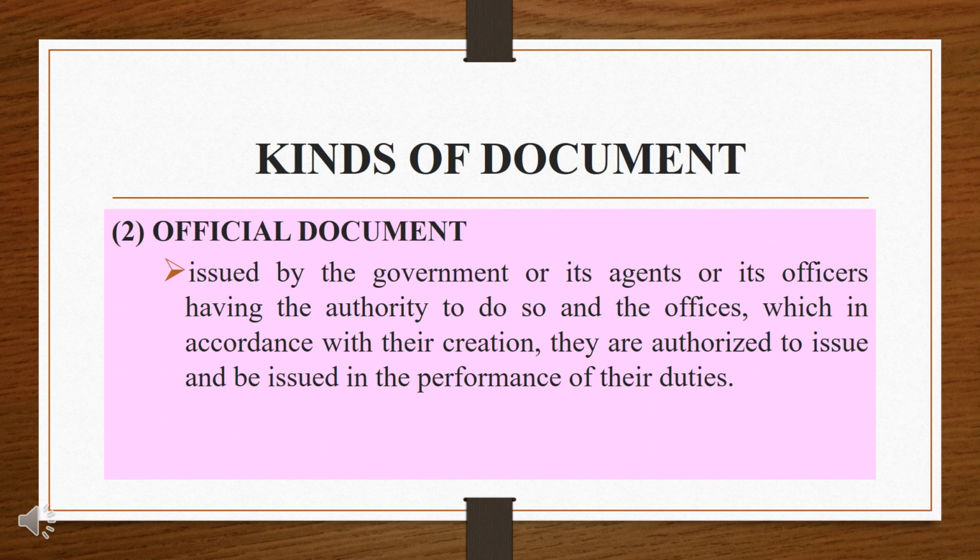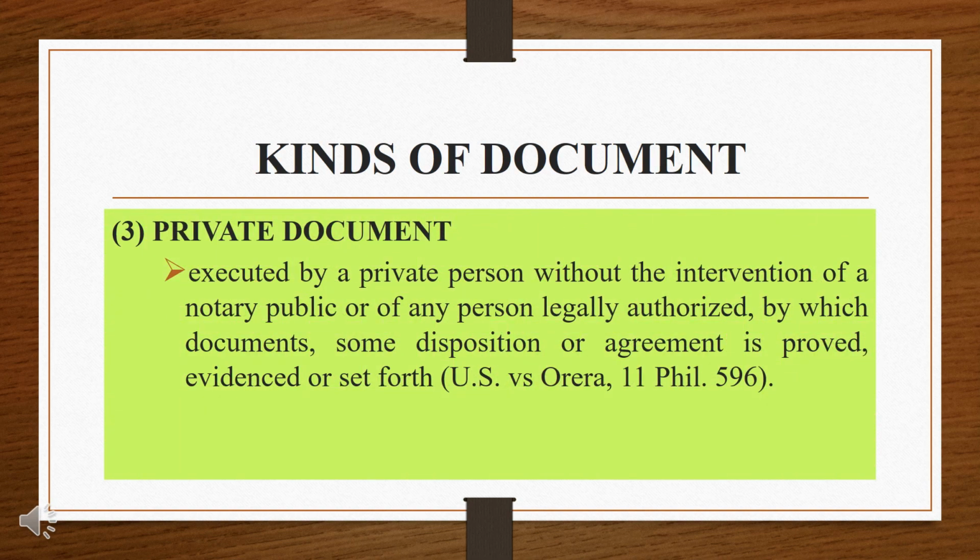Official document. Issued by the government or its agents or officers having the authority to do so, and the offices, which in accordance with their creation, are authorized to issue, and issued in the performance of their duties. Private document. Executed by a private person without the intervention of a notary public or of any person legally authorized, by which some disposition or agreement is proved, evidenced or set forth.